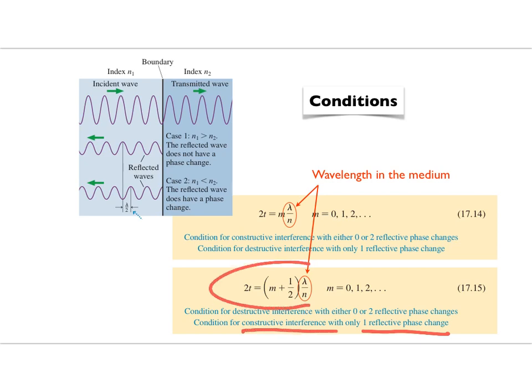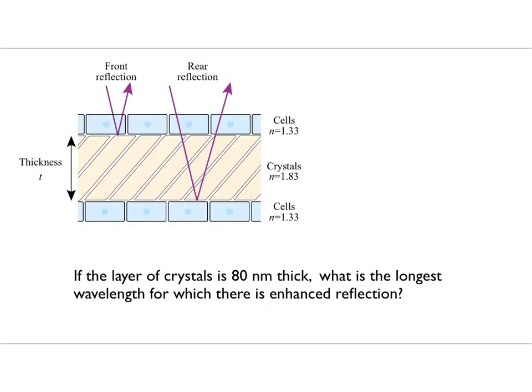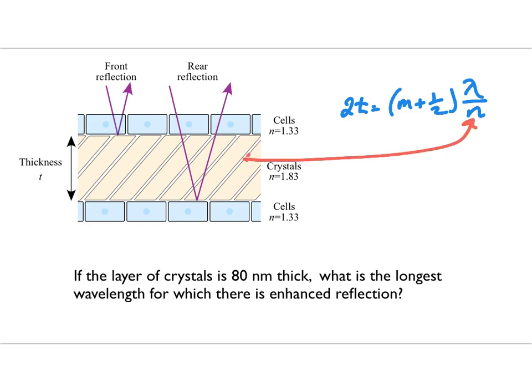I want this relationship right here: 2t is equal to (m plus 1/2) times lambda over n. By the way, n is always the index of refraction of the crystals. That's where the extra travel is. So I want the index of refraction of the crystals, 1.83.